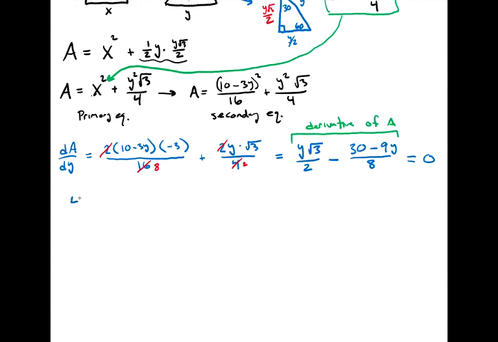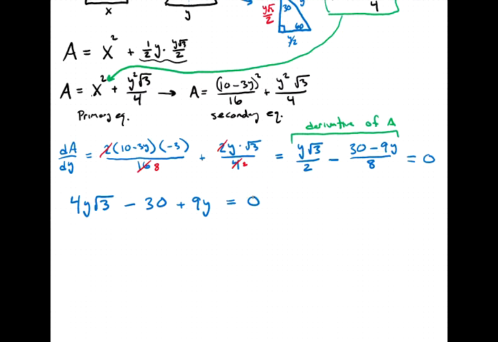So we'll have 4 times, don't forget the y, 4 times y times the square root of 3. And then a minus, and we'll distribute the minus sign, so that's a minus 30, and a minus 9y, so that's a plus 9y equal to 0.